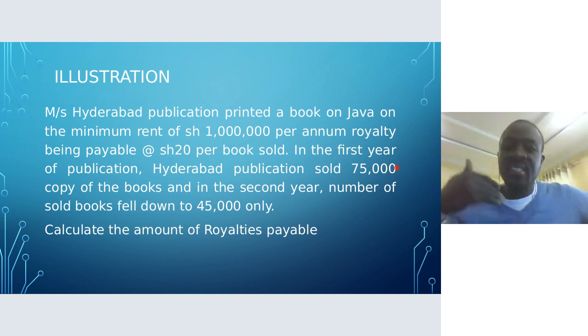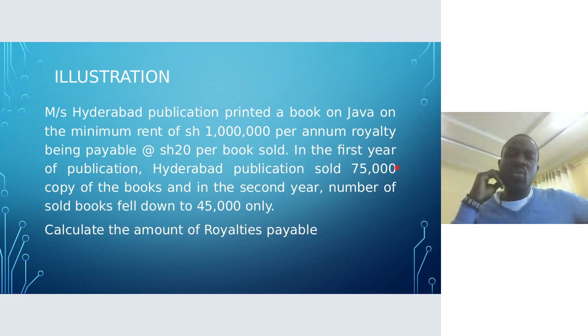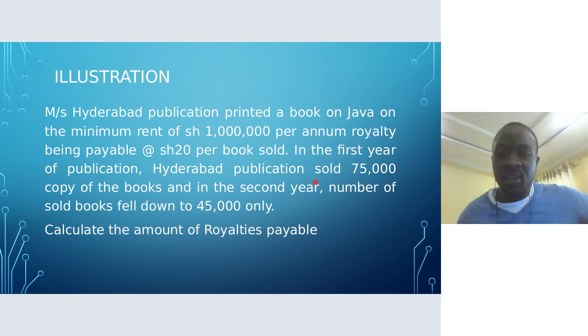Now that is the output. So when you are looking at the royalty that is payable, you will compare the royalty that is due with the minimum rent. In our case, the royalty that is due is 75,000 times 20, which is 1,500,000.